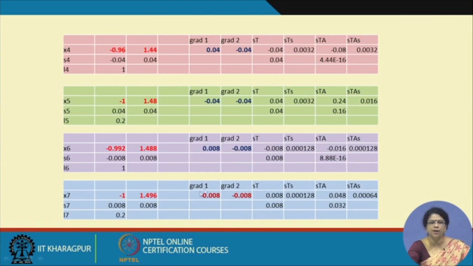Even if we repeat the process, the gradient value will come closer to 0. That tells me that we can stop the iteration here. Probably the approximate optimal solution for this problem is (-1, 1.5). Why did I say 1.5? Because I just approximated the value.